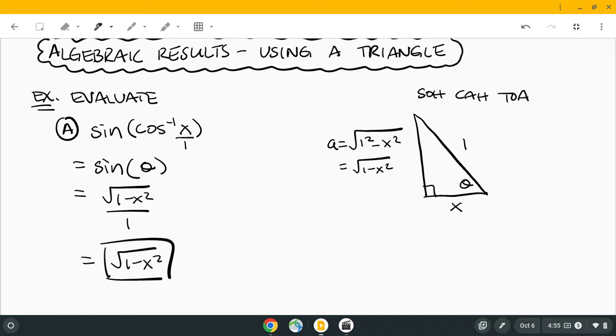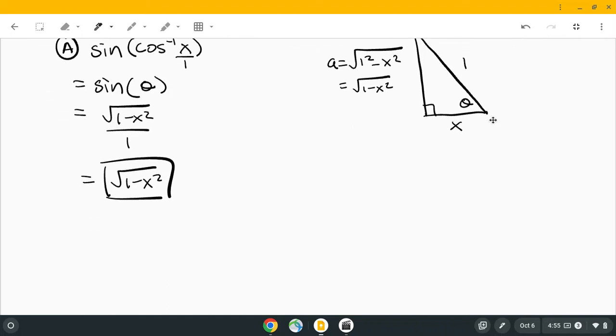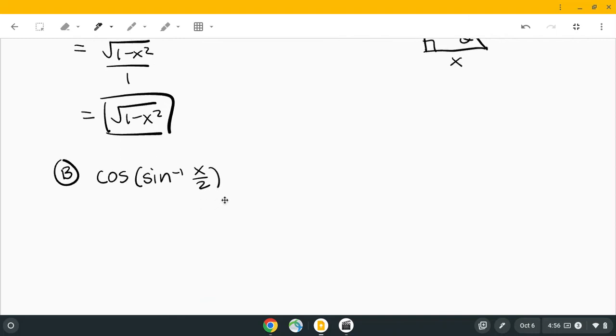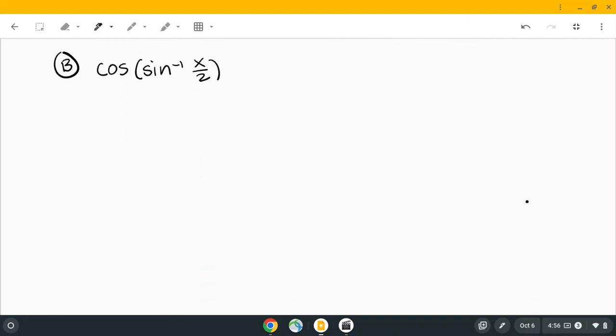Okay. All right. Let's take a look at another one. Again, if you think you understand this one, go ahead and try this one on your own. If not, then just stay with me and follow along. Okay, so again, we have variables here, so we definitely have to do the triangle. And we'll also do our SOHCAHTOA. All right, here's our angle. Okay, and sine is opposite over hypotenuse. So x is opposite, 2 is hypotenuse.